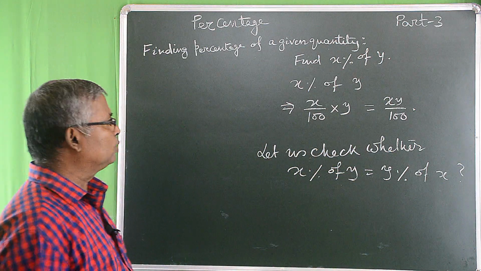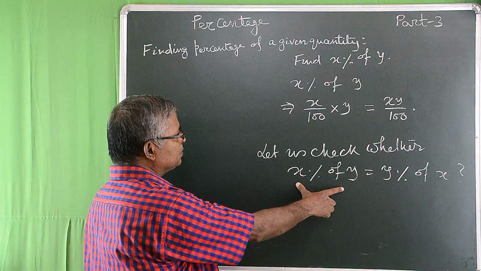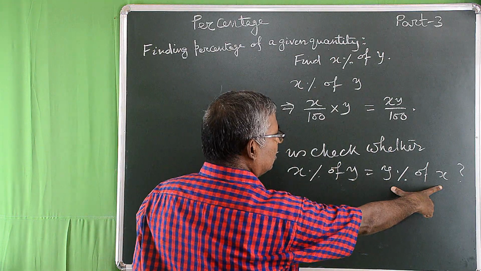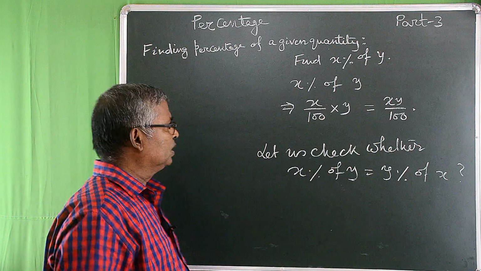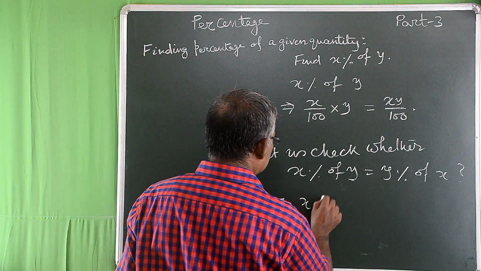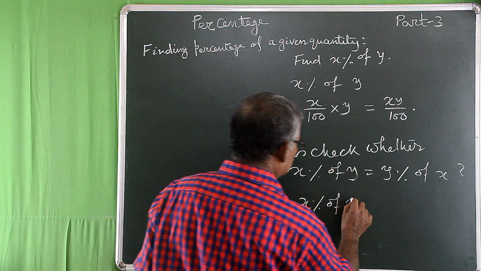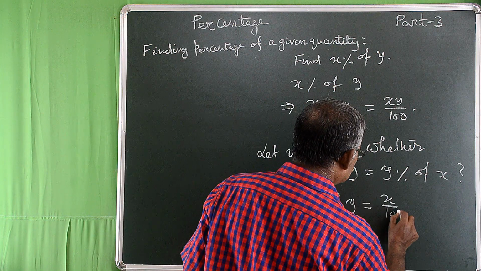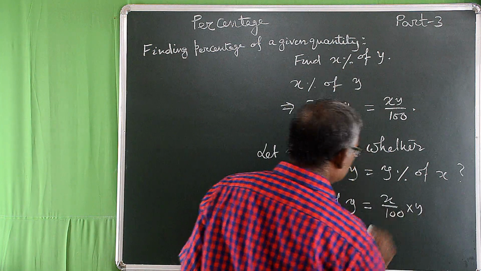Students, we have to justify whether x% of y and y% of x are the same or not. Here x% of y is equal to x by 100 into y.